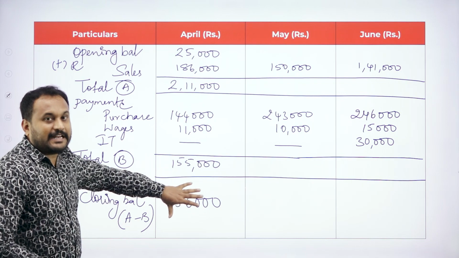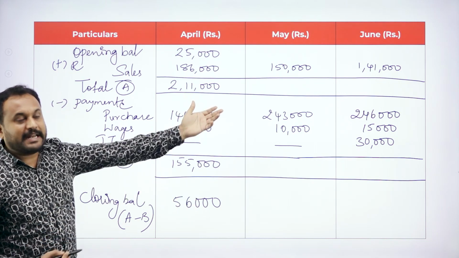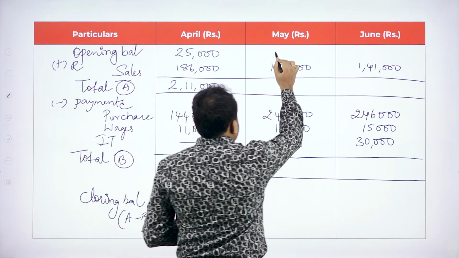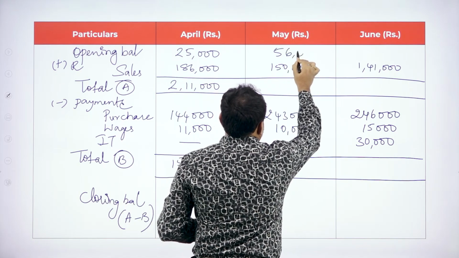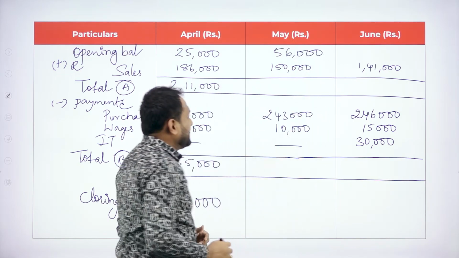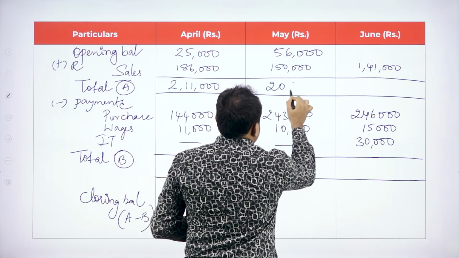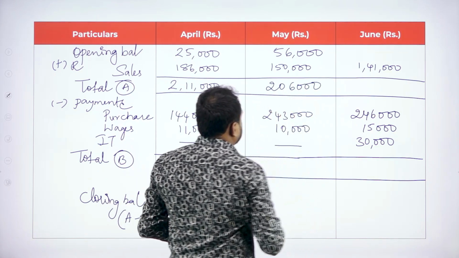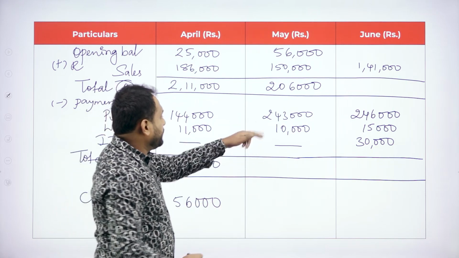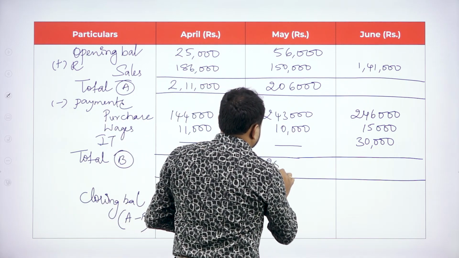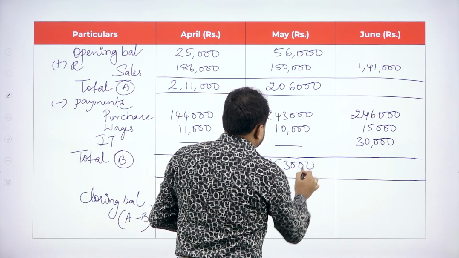Now the closing balance of April will become the opening balance of May. So here I'll write 56,000. Now we need to calculate 56 and 1,50,000. It is 2,06,000. Now when we calculate, it is 2,53,000.